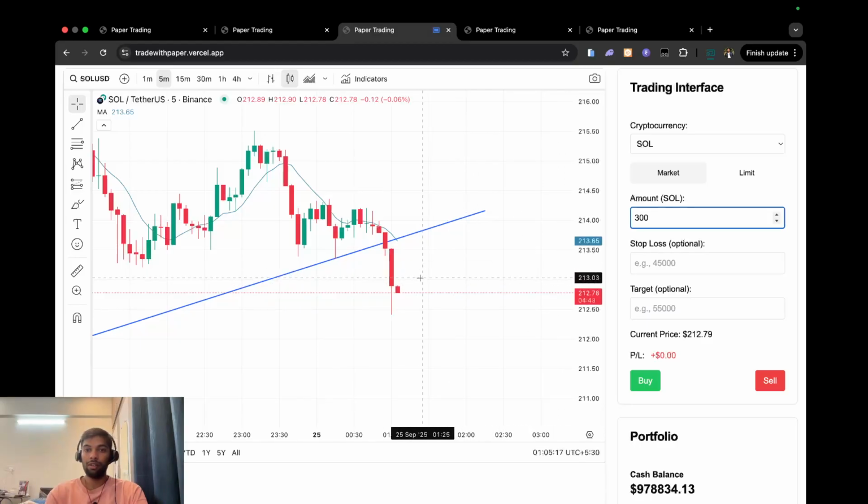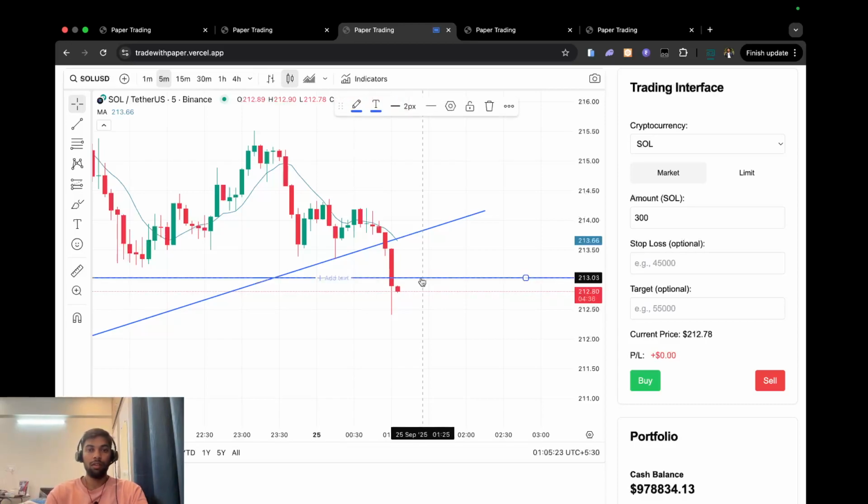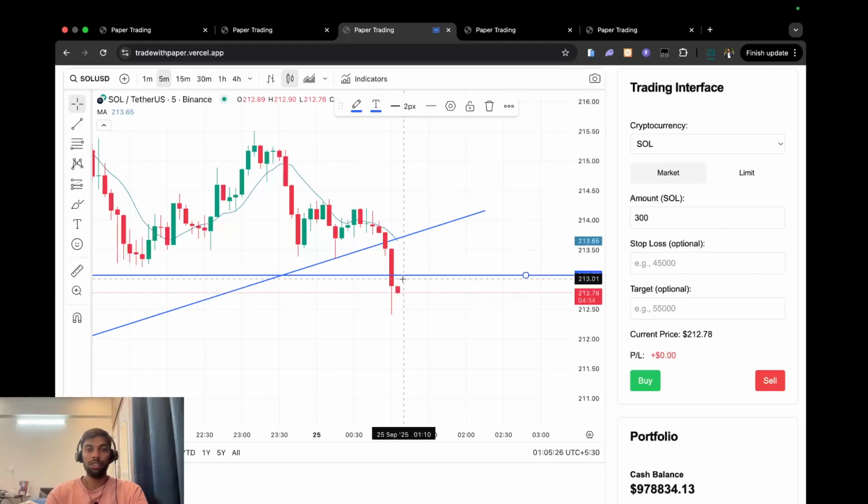So let's wait. We will enter somewhere here. We will enter as soon as this candle touches, or we will enter after this. These are the two entry points.